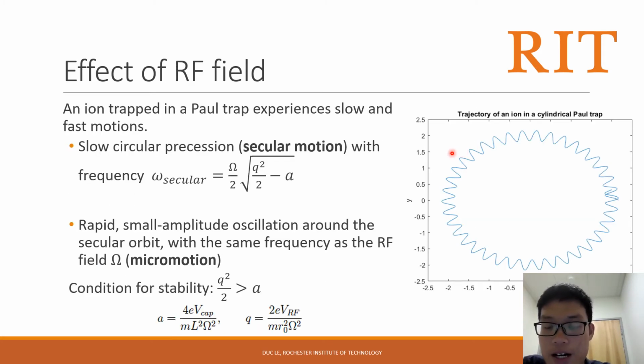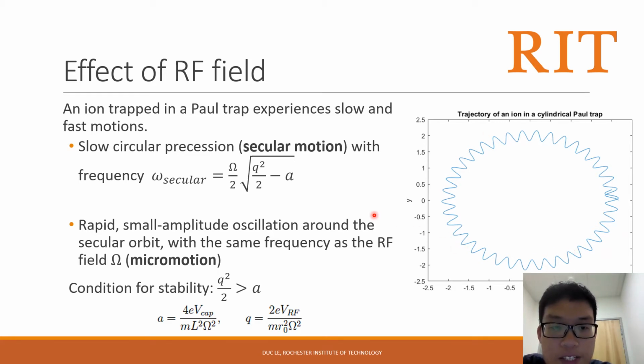So how does an ion move in such a complicated alternating trapping potential? The answer is that there are mainly two motions that we can observe. The first one is a slow circular precession, which is this motion here, also known as the circular motion.